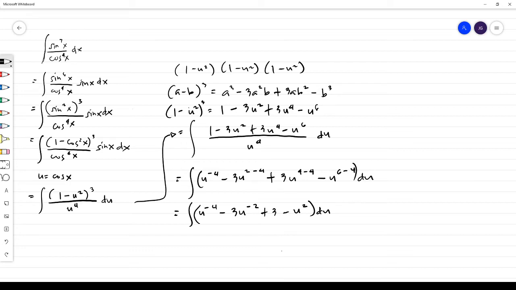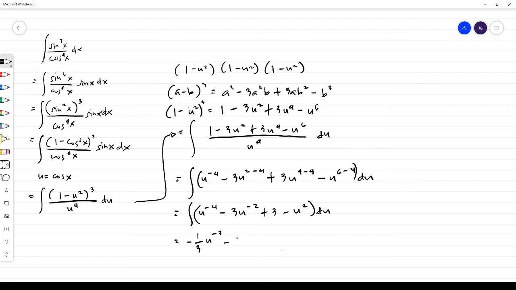And when we apply integration to our equations, we can say that our equation is equivalent to the first term, that is negative 1/3 u to negative 3.